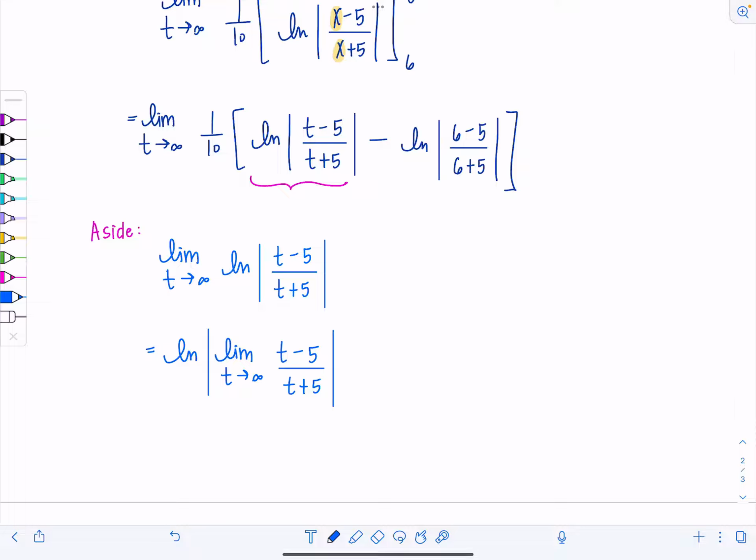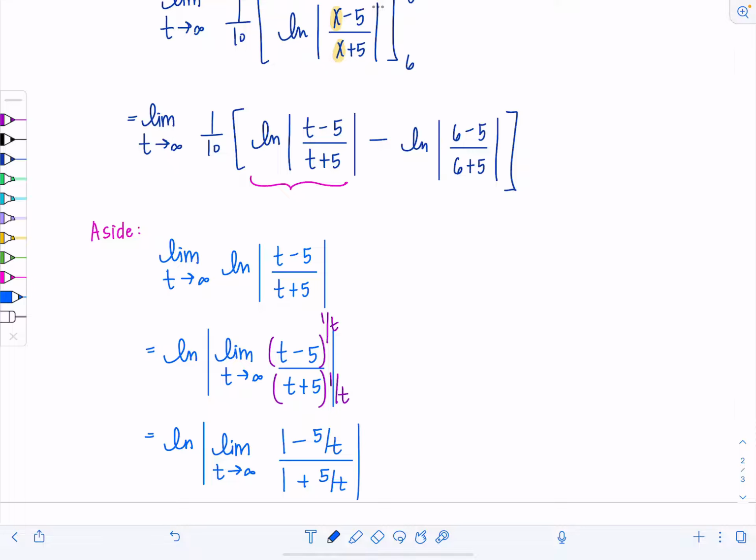Okay? Numerator is approaching infinity, denominator is approaching infinity. In this case, you can multiply numerator and denominator by 1 over t if you want. Okay, so then you would have ln absolute value limit as t goes to infinity of 1 minus 5 over t over 1 plus 5 over t.